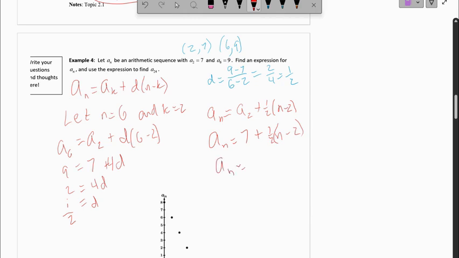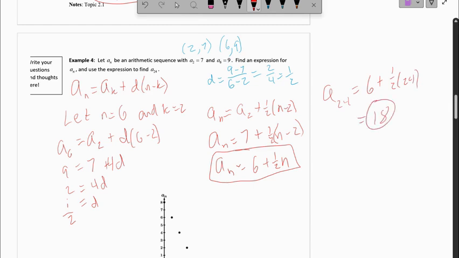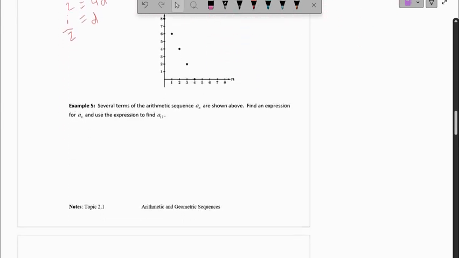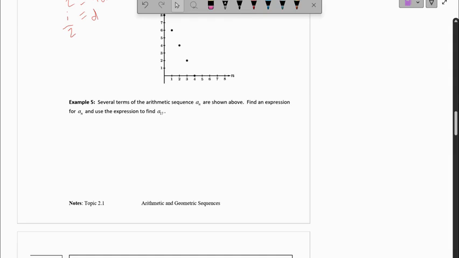And this one worked out pretty nicely because that's going to be 1 minus 1, so I'll get 6 plus 1/2 n. All right, and so there is a sub n, and then a sub 24. Well, plug in 24. So that's 12. 12 plus 6 is 18. There you go.